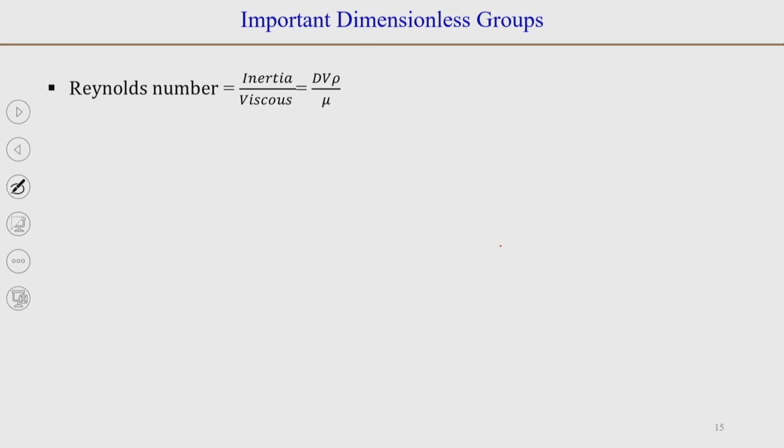So, inertia can be represented in terms of rho v squared and viscous stress mu v over L, or here what we have is d as the dimension. So, we will use the same parameter. So, mu v over d, and v will cancel out. So, we will get rho v d over mu as Reynolds number.